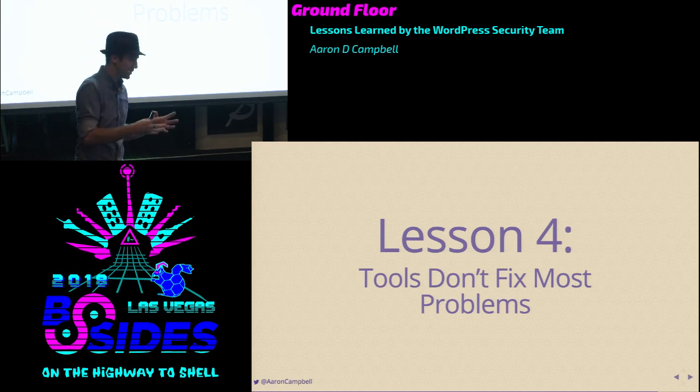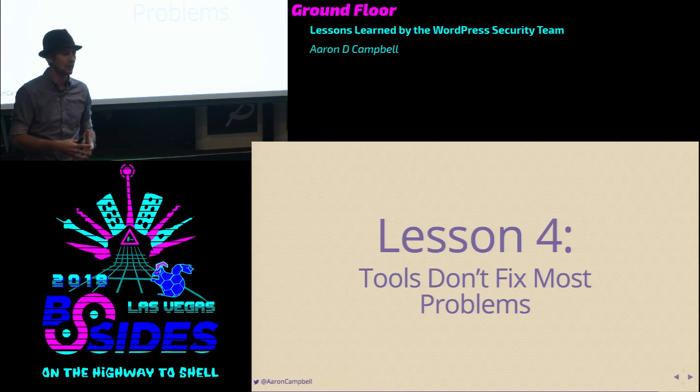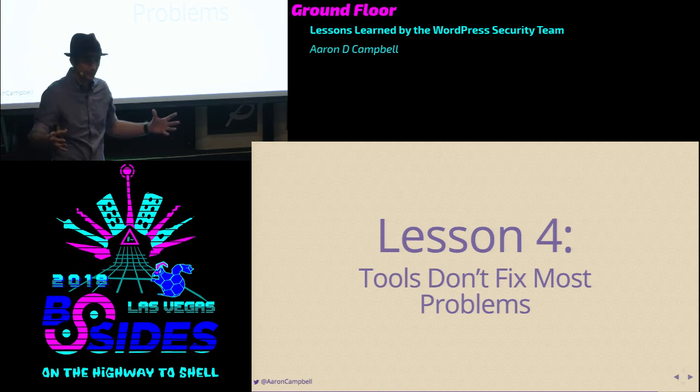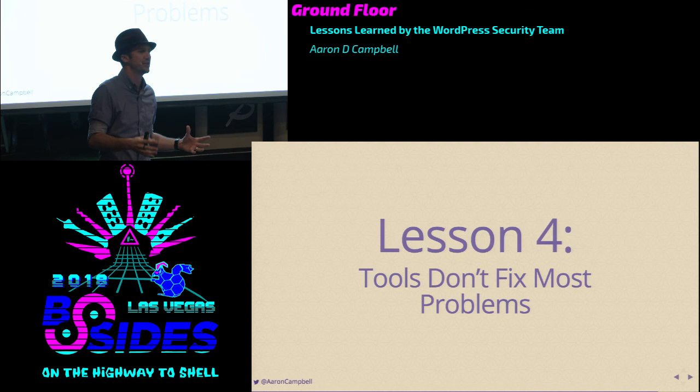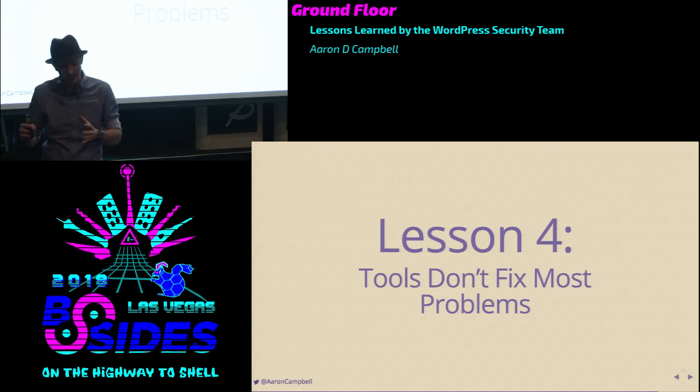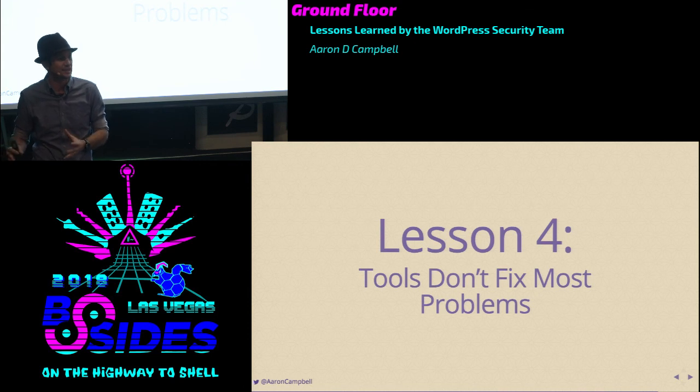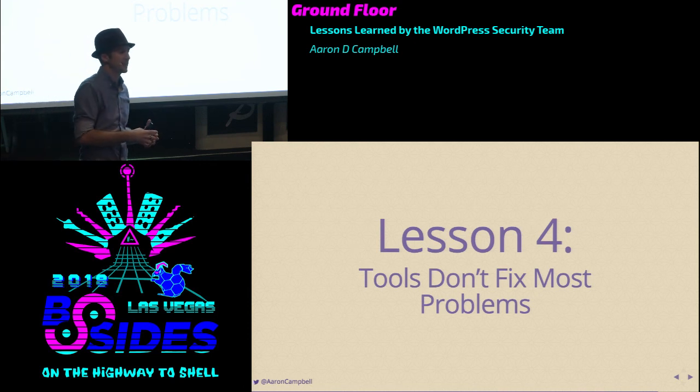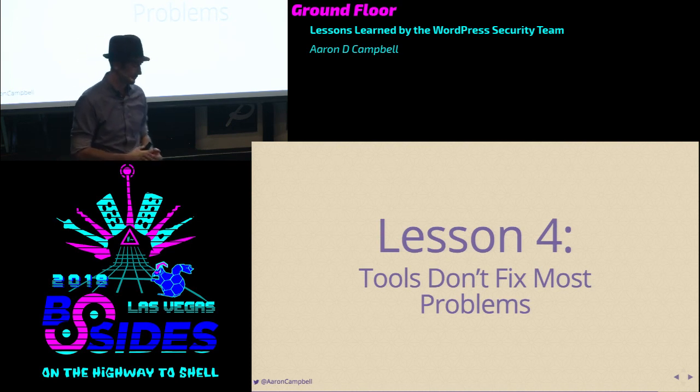We had people who were good at fixing issues. We had people that had historical knowledge of our code base, all this classic stuff that you expect a security team to have, but we needed those communication people that wouldn't get distracted by fixing the issue and would be focused in on this thing that we were not doing well. So making those adjustments fixed the actual problem when we thought tools were going to fix it.